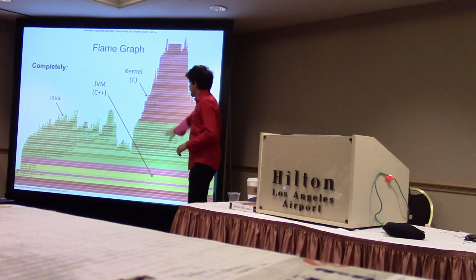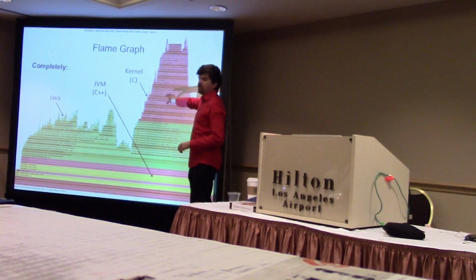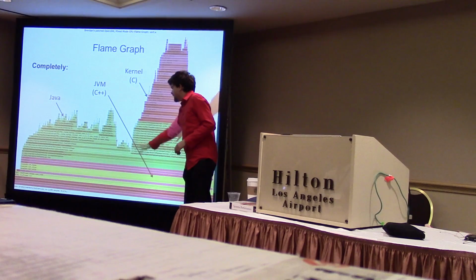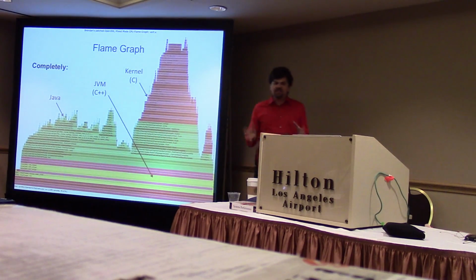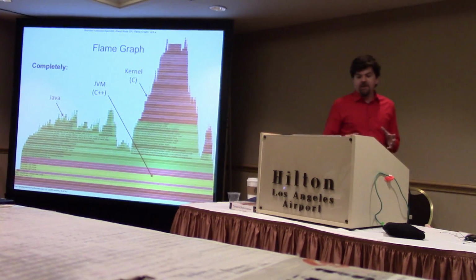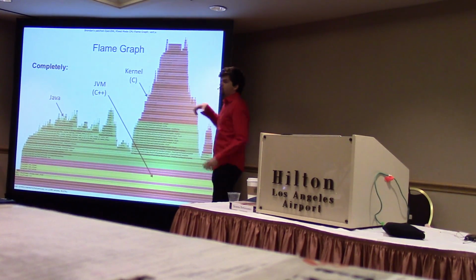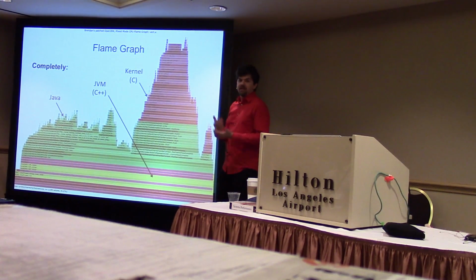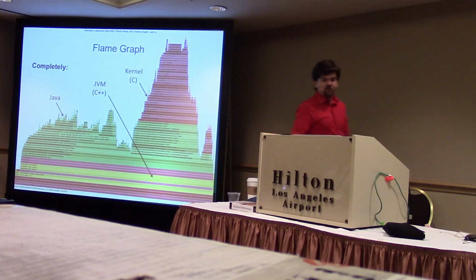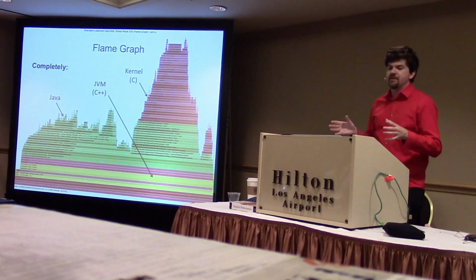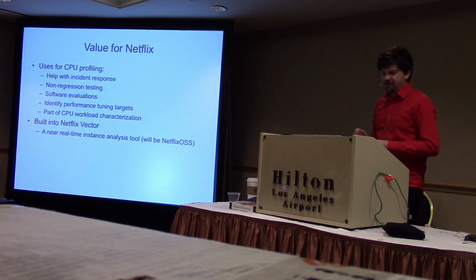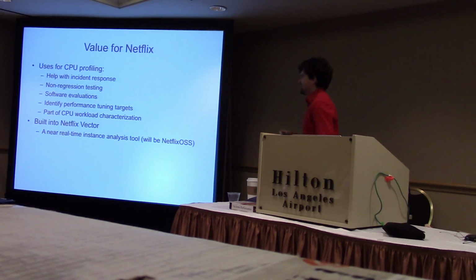We get to see Java, we get to go into the kernel, C code, libjvm. You get to see the complete picture. And there can be issues in other areas which you normally can't see if you're using, say, a specific Java profiler. So it's the only complete picture of CPU consumption. I'll explain it in a bit more detail in another section.